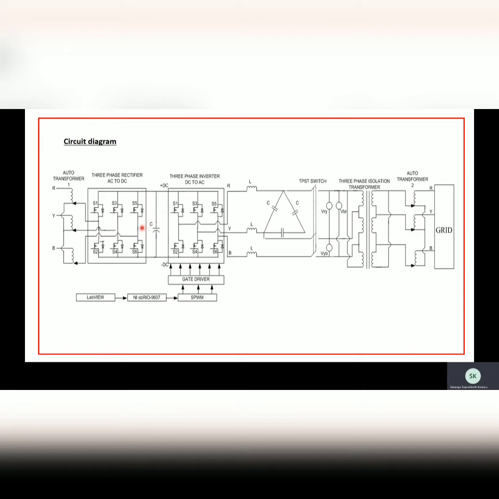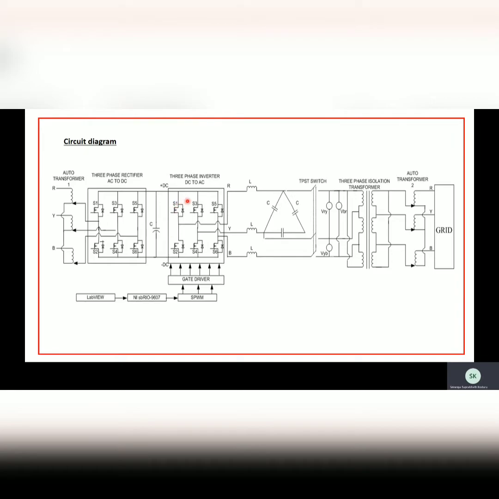The output of the rectifier is a rippled DC. The ripples in the DC values are eliminated using the electrolytic capacitor, which is placed in the inverter stack. The pure DC output of this capacitor is given to the three-phase inverter.